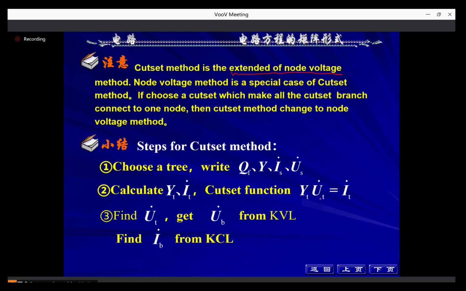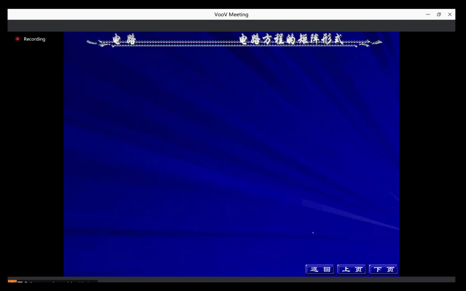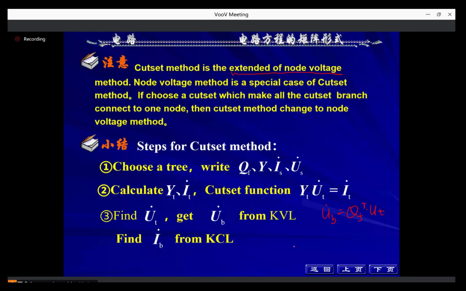Calculate the UT, and then we can get the UB from the KVL function UB equal to QF transpose UT. When we finish the UB, we can calculate IB by the branch relation, Y times UB plus US minus IS. Then from the UB calculate the IB.